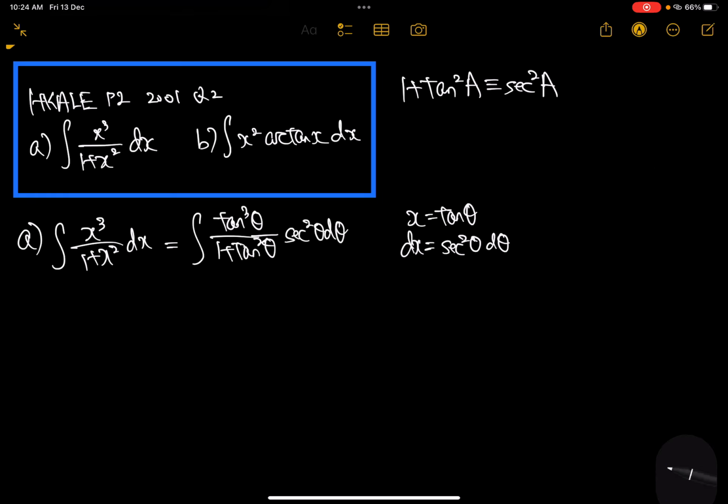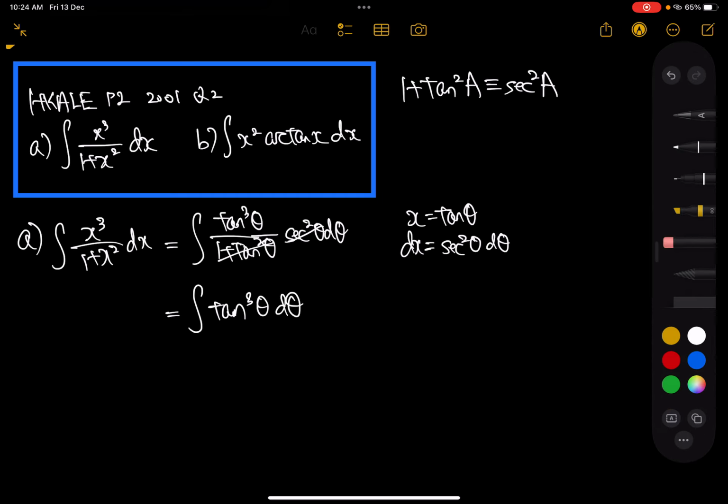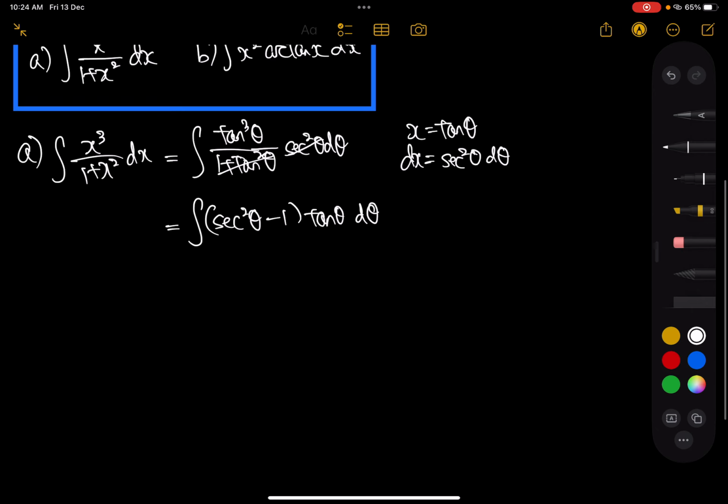That one's really easy. I'm not going to explain that. This one cancels out. So we have tangent cubed theta, which means we're going to have secant squared theta minus 1 times tangent theta d theta. And we'll have this expression.